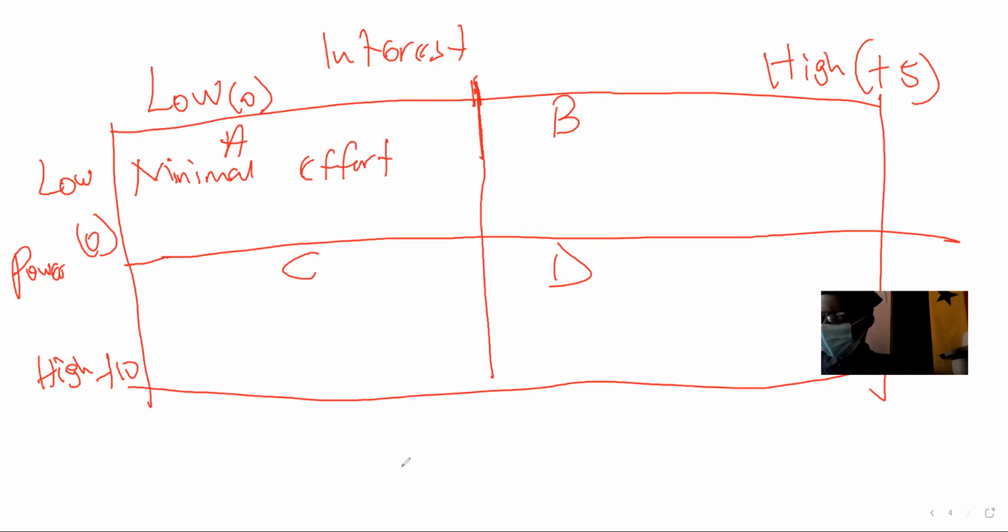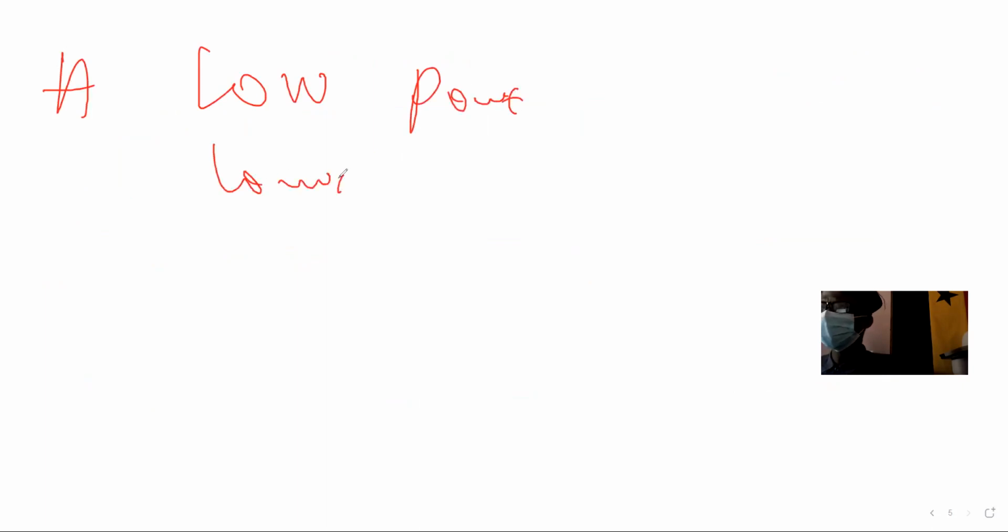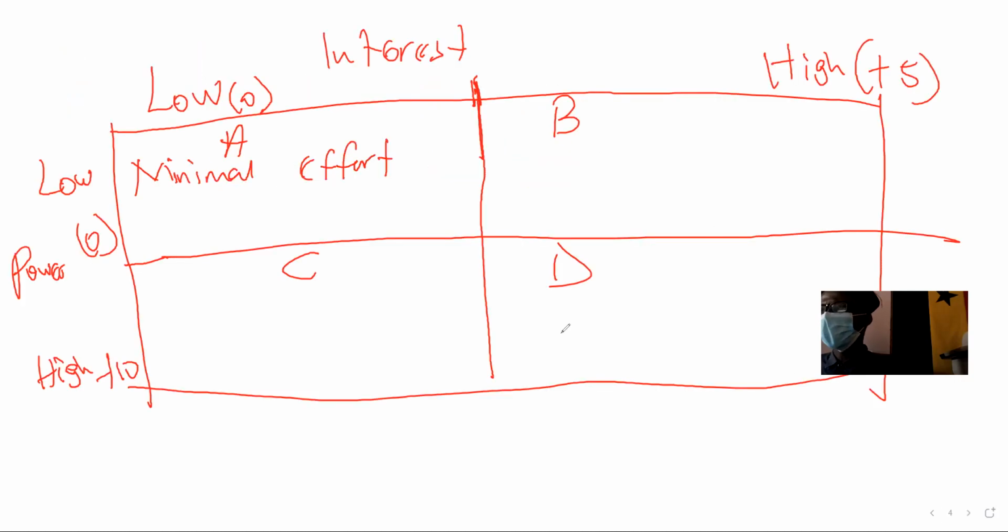So over here, quadrant A, low power, low interest. For every company, you tell us who they are, because it varies from company to company.